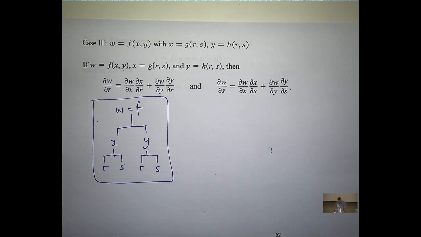So all you've got to do, say to find dw/dr, is find all the paths down to an r. When you go from letter to letter, form a derivative. That's all it is.